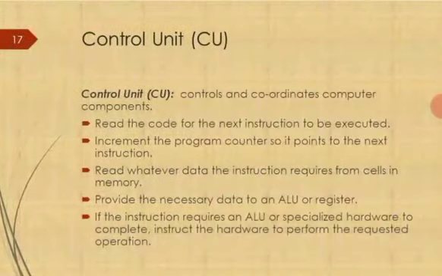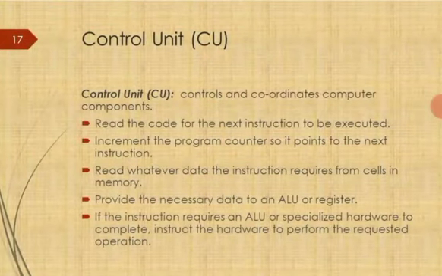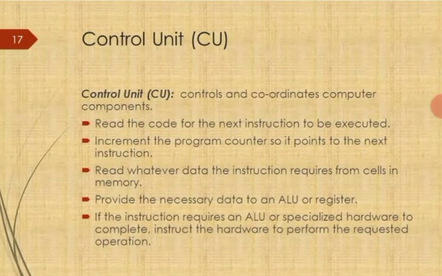Now let's go straight to the control unit. What is a control unit and what does it do? A control unit controls and coordinates computer components. It reads the code for the next instruction to be executed. It increments the program counter, so it points to the next instruction.